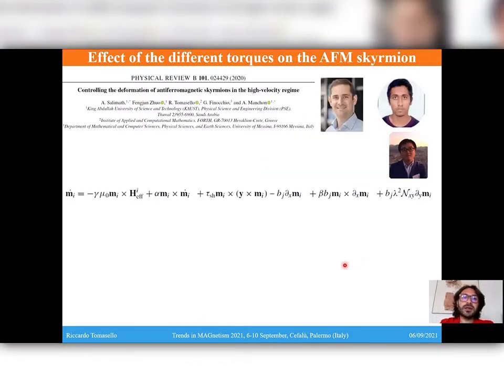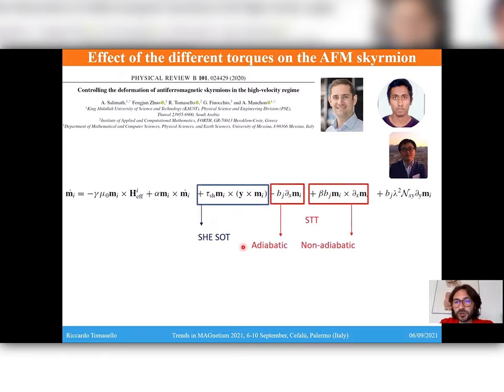In fact, we initiated a collaboration with this group, and we developed analytical formulas as well as performed micromagnetic simulations, where we can include all the torques that we've seen before, therefore the spin-orbit torque from the spin Hall effect, the spin-transfer torque with its adiabatic and non-adiabatic terms, as well as the topological torque, which is proportional to the topological density of the topological texture in the antiferromagnet.